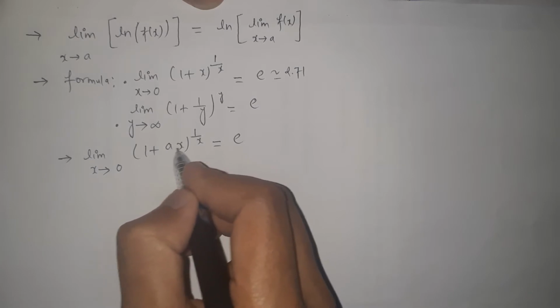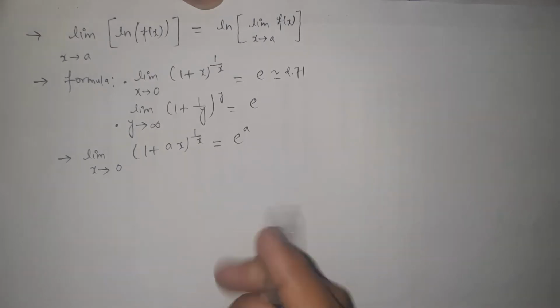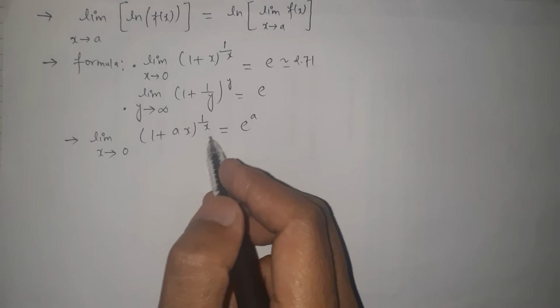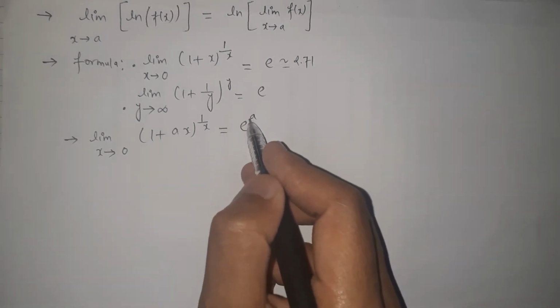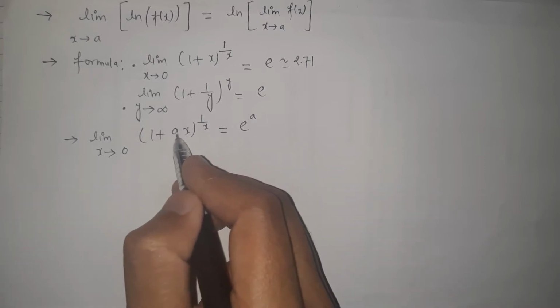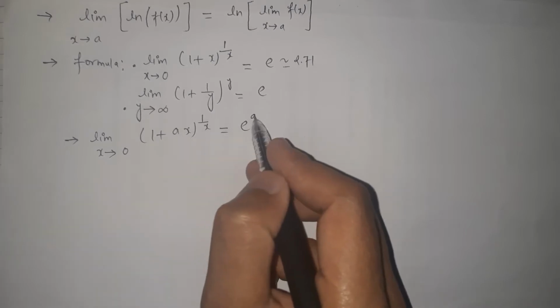Here the coefficient of x is a, so e to the power a. This will be the limiting value. Please memorize this formula. Here we put the coefficient of x on the power of e.